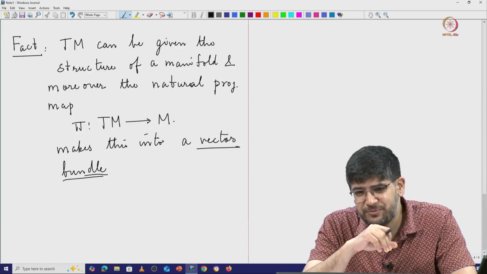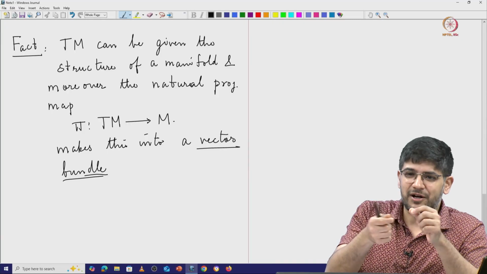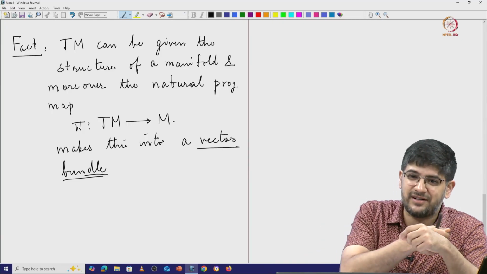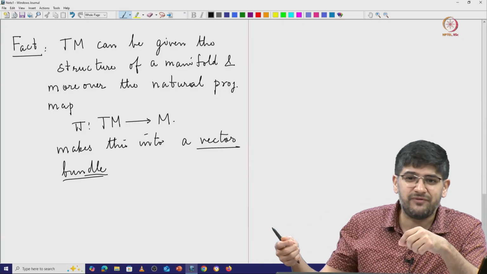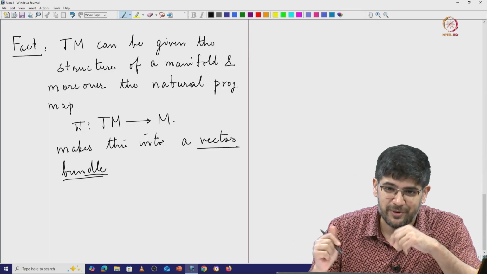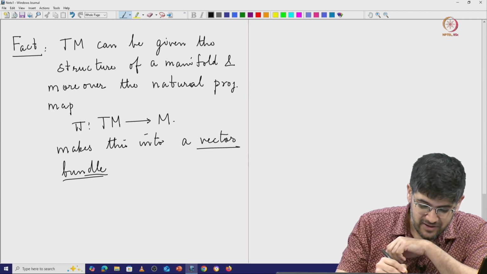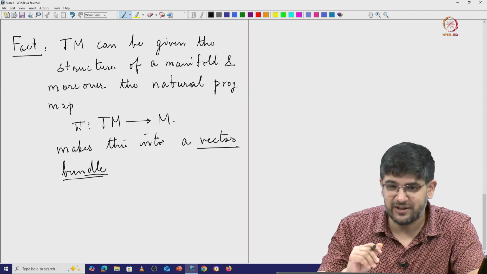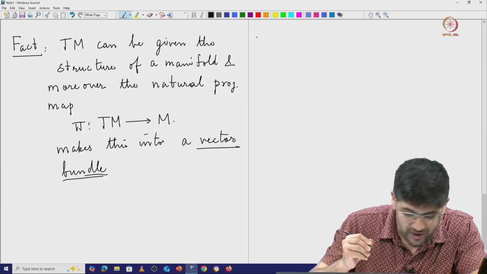Loosely speaking, a vector bundle over a manifold is a smoothly varying family of vector spaces of the same dimension. That's essentially what it means, but it's fine if you haven't seen this notion before.